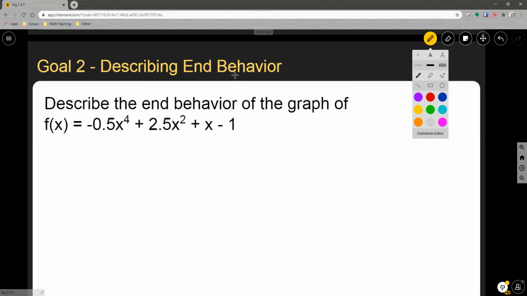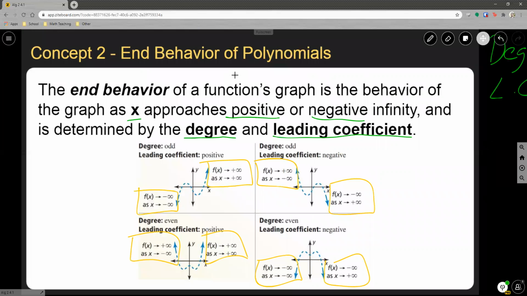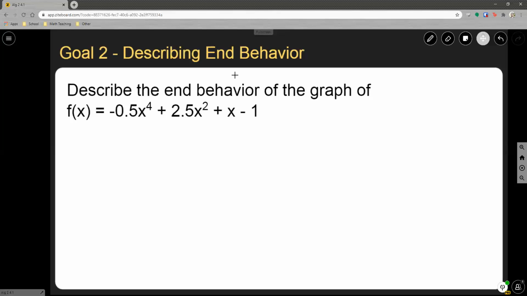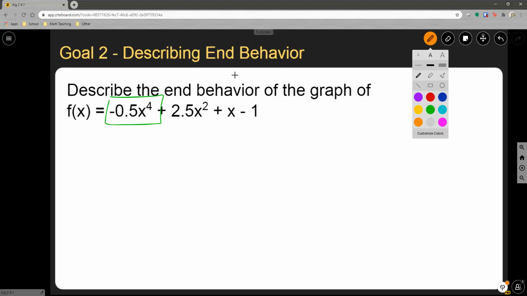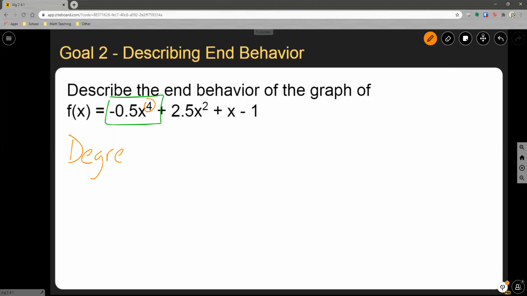Well, the nice thing about this is I'm trying to describe my end behavior. If you remember from the definition, it's all determined by the degree and the leading coefficient. So I can just look at this very first term, find my degree. My degree is 4, which is an even number.